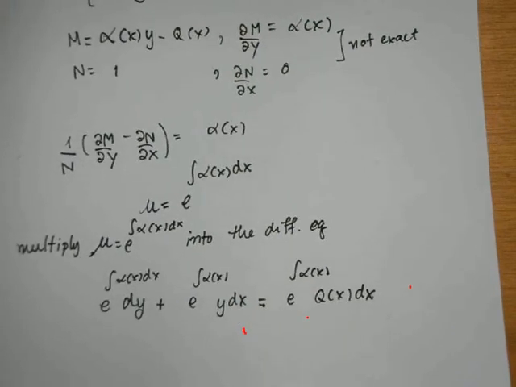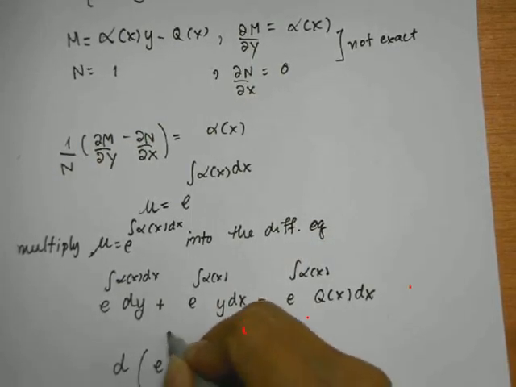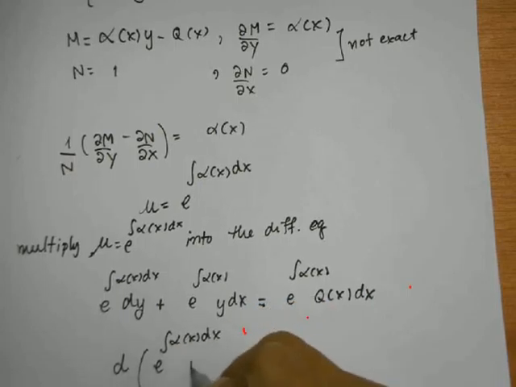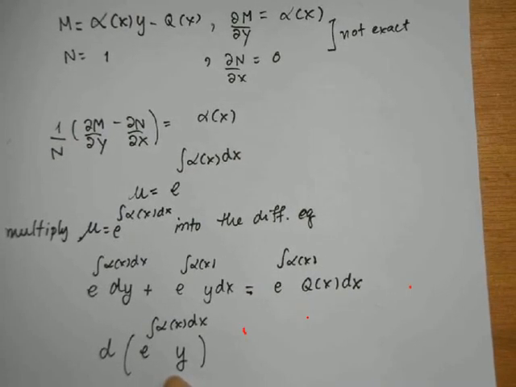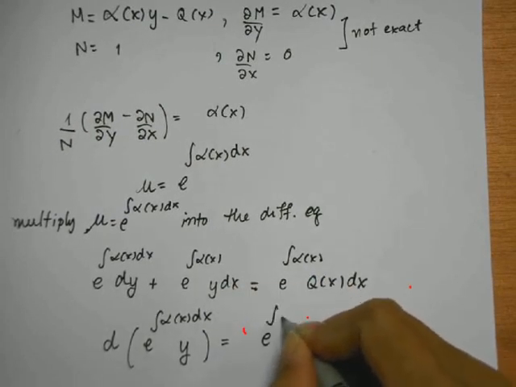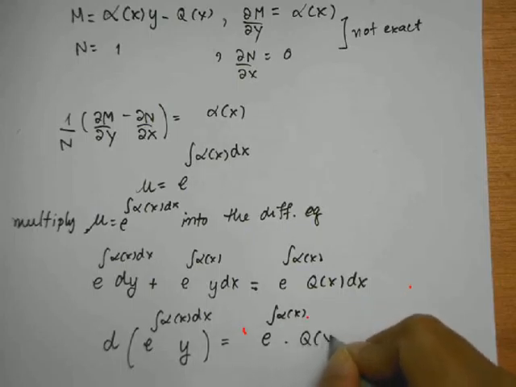The left-hand side is just equal to the derivative of the integrating factor times our variable y, which is equal to the integrating factor times q(x) dx.